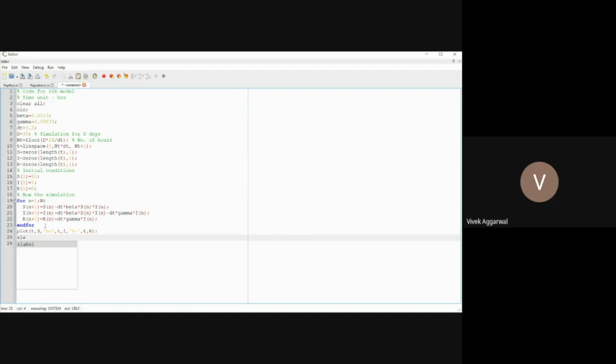Then I can define my X label, which is T, so T in hours.